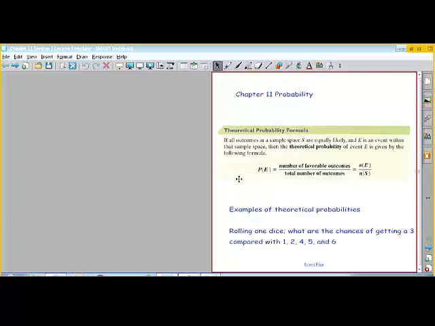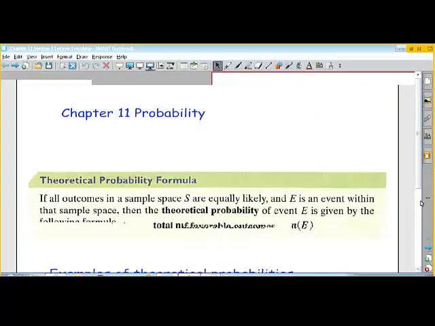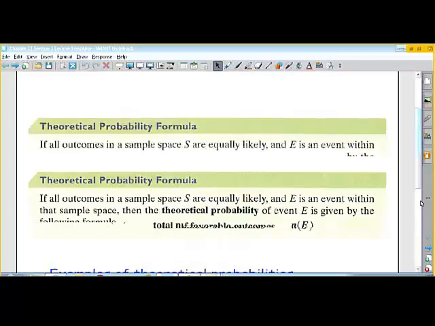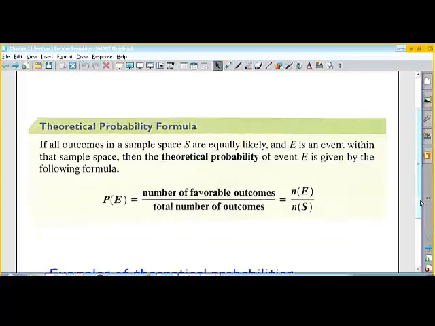I'm going to put this on one screen so it's a little bit bigger so you can see the formula better. In probability, it's a binomial type result.